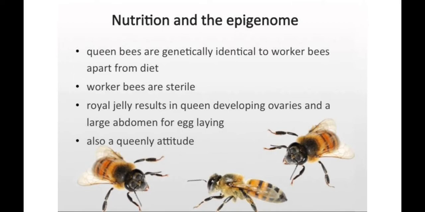What is interesting, again, as I said, queen bees are genetically identical to working bees. But why are they so different? Food is different. The queen bee eats only royal jelly, and working bees eat sugar and pollen.